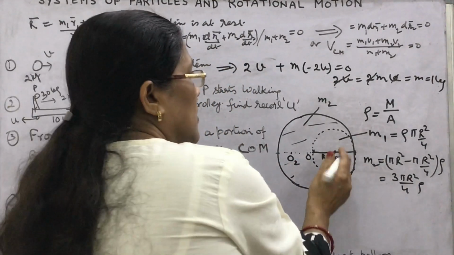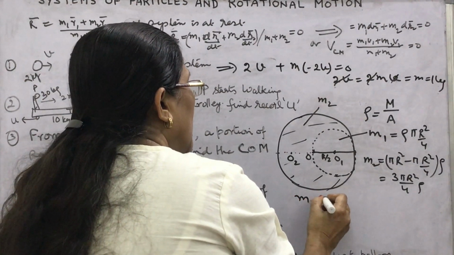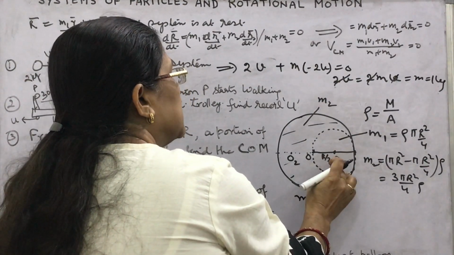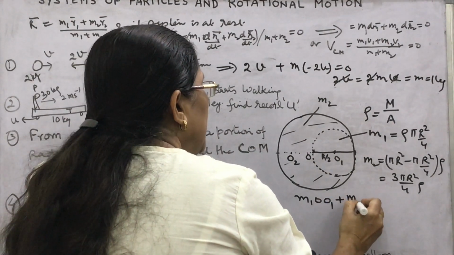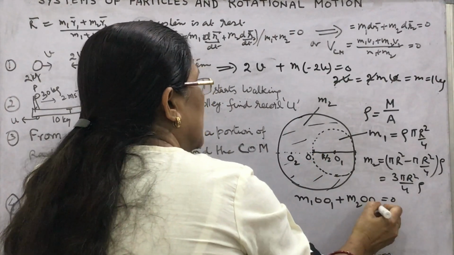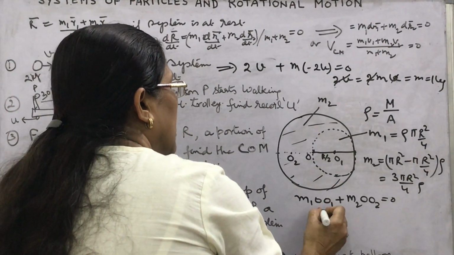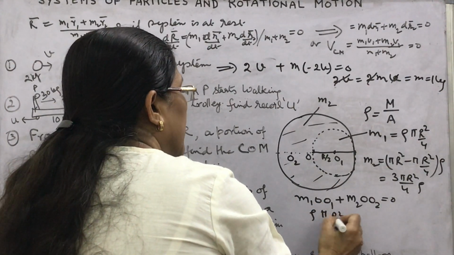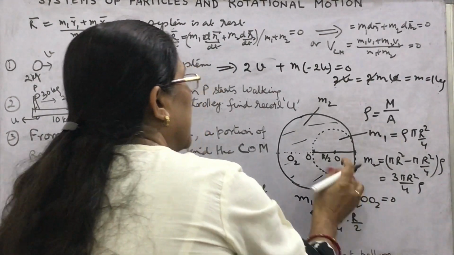Okay, use this expression. Then M1 into O1, this is positive, plus M2 into O2, equal to 0. What is M1? This is sigma pi r square by 4 into O1. What is O1? r/2.